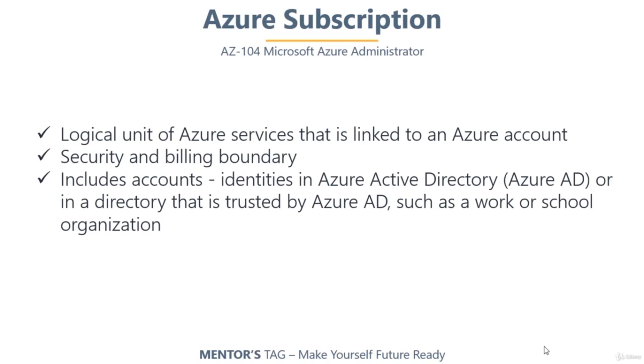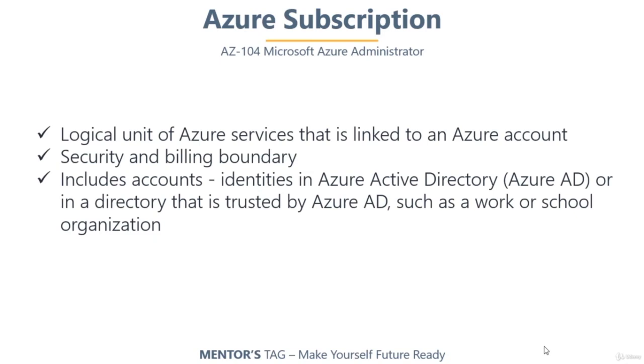But now the question is, Azure subscription is that particular piece which also includes accounts like identities in Azure Active Directory or in a directory that is trusted by Azure AD, like your organizational or work or school account. Now when you have any existing work or school account, or I can say your organizational AD, and when you associate that with Azure AD, that part also comes under the umbrella of Azure subscription.